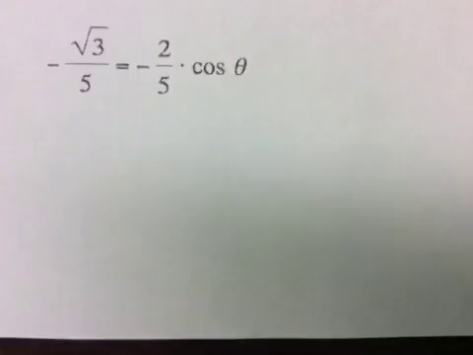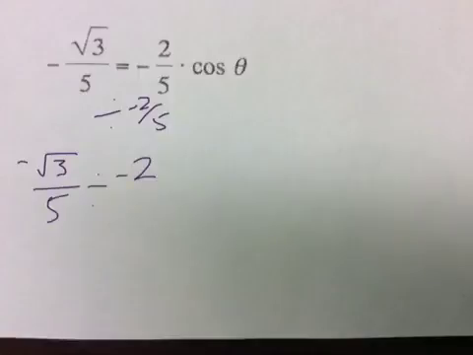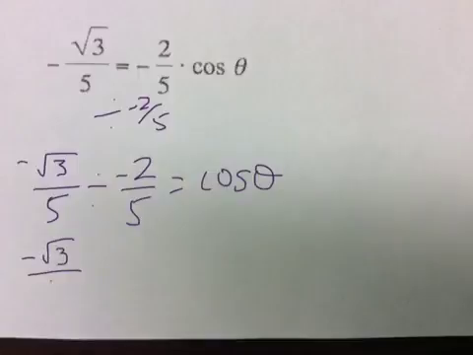Okay, so we're going to get cosine alone, and what we're going to do is divide both sides by -2/5. So -√3/5 divided by -2/5 equals cos theta. Remember that division of fractions is the same as flipping and multiplying the second fraction.